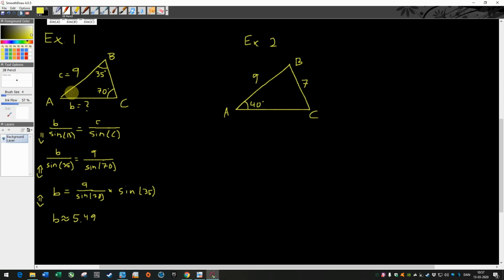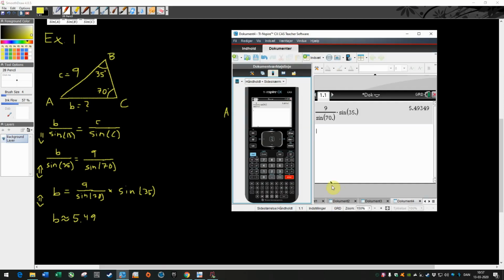Of course, it's easy to find angle A here. You just know that the sum of the angles is equal to 180. So you just subtract those two: 180 minus 70 minus 35, and this angle is 75.